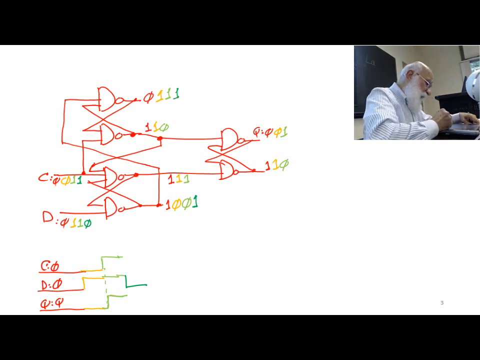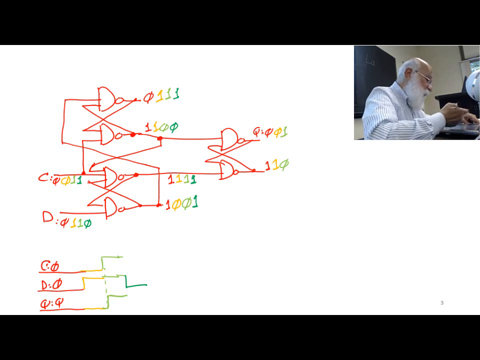Okay, that remains a 1. Then I have a 1 here, I have a 1 here, this remains a 0. And I have a 0 here on the third gate from the top, and therefore this remains at 1.